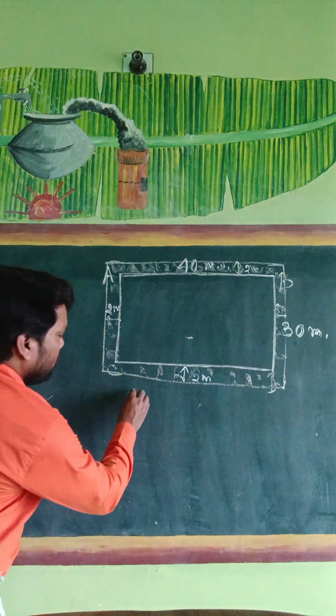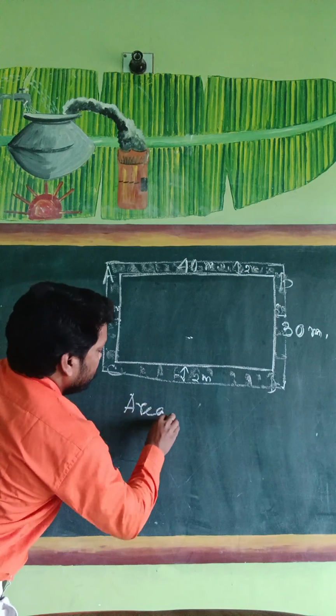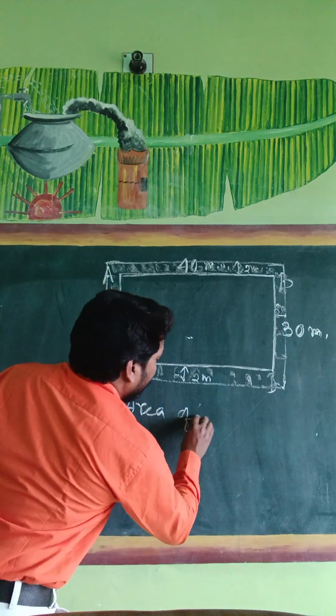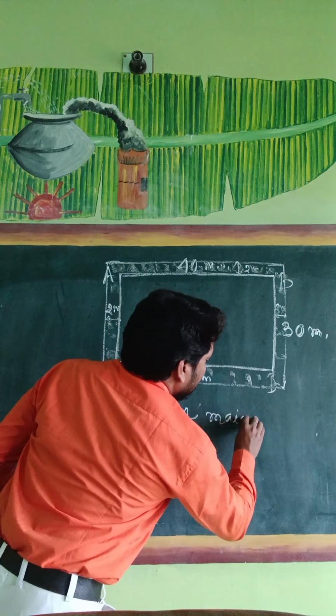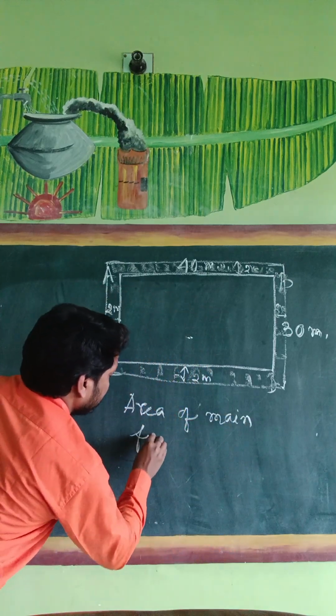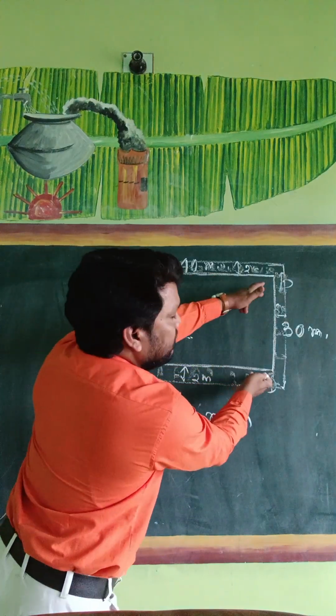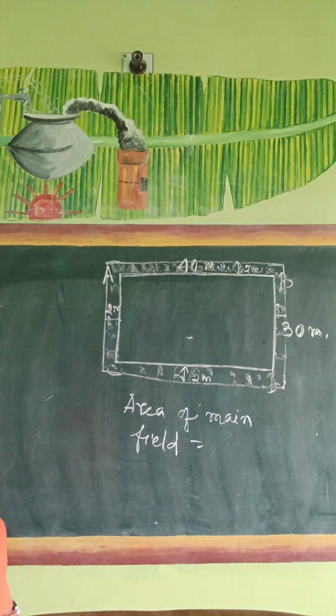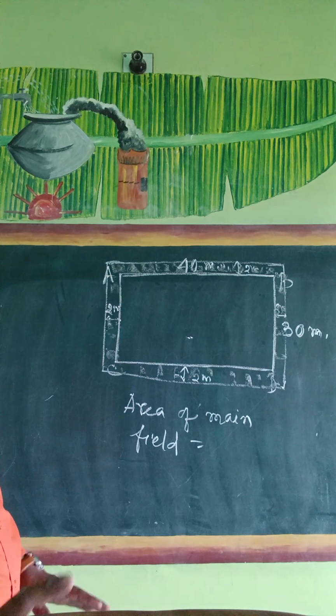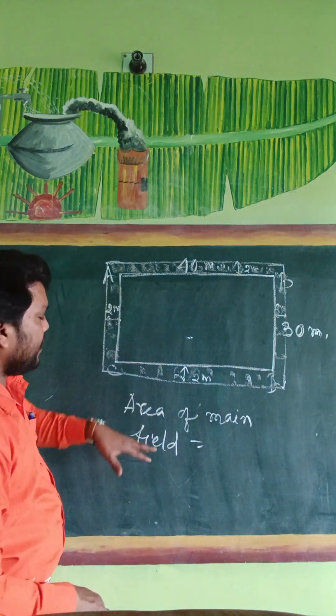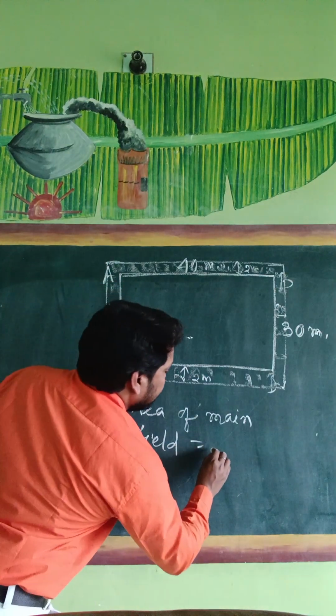So at first you will find the area of the main field. Area of the main field is 40 into 30, because the area of a rectangle is length into breadth.